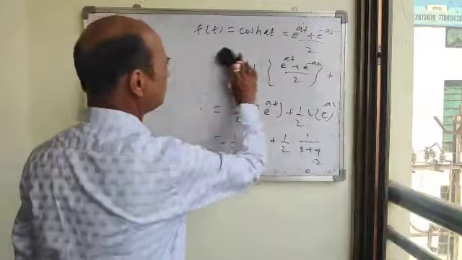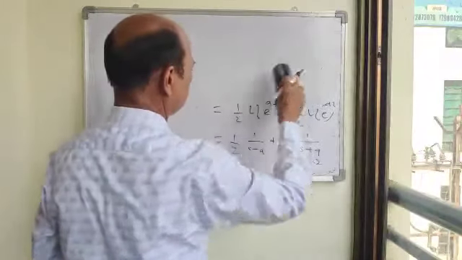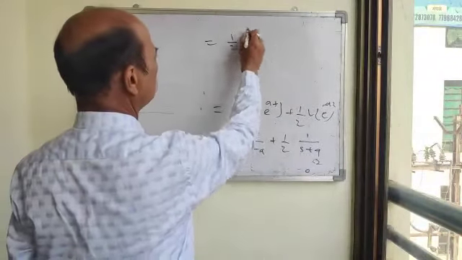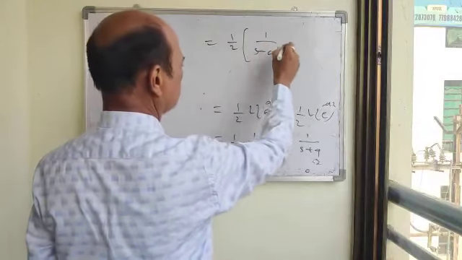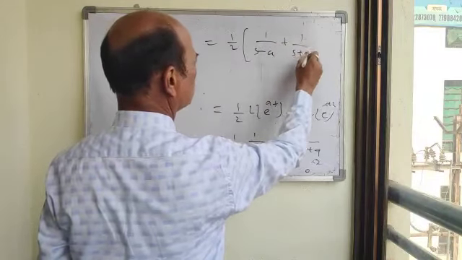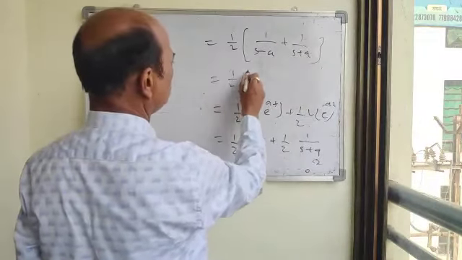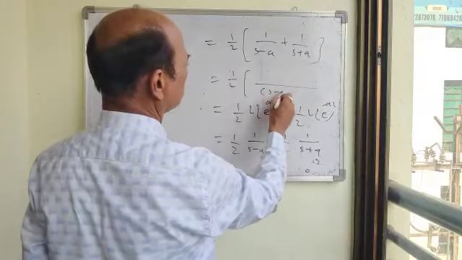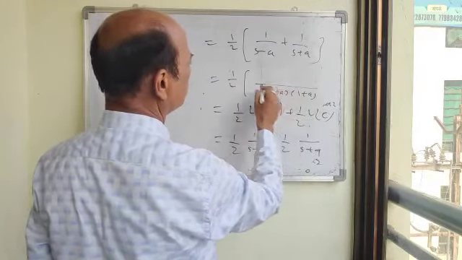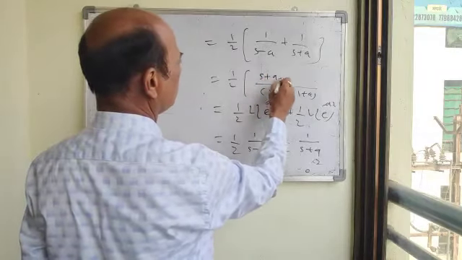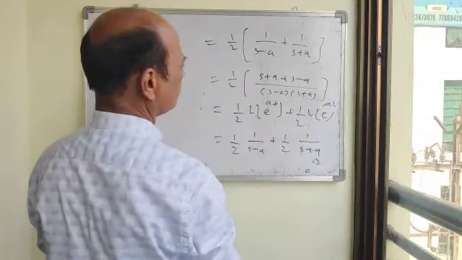Now let us take the common factor 1 by 2. So that is equal to half into, in bracket, 1 upon s minus a plus 1 upon s plus a. Taking the LCM, that is s minus a into s plus a, so we get s plus a plus s minus a.